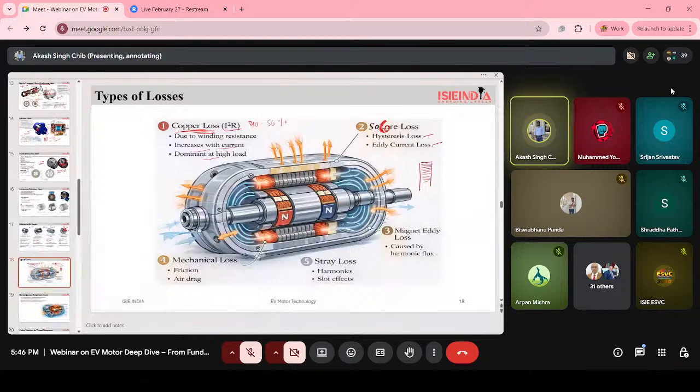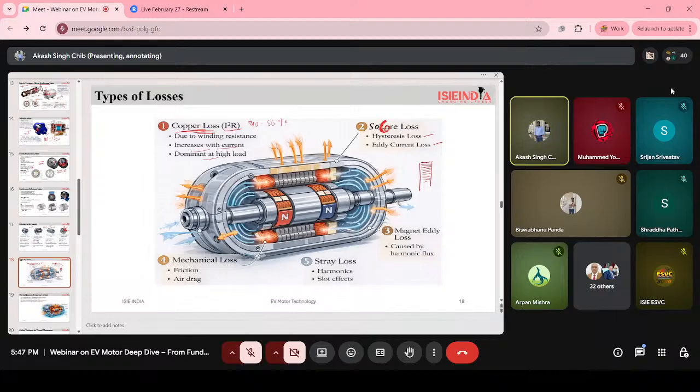Hysteresis loss is due to continuous magnetization and demagnetization. And the eddy current loss is due to the circulating currents in the iron part.